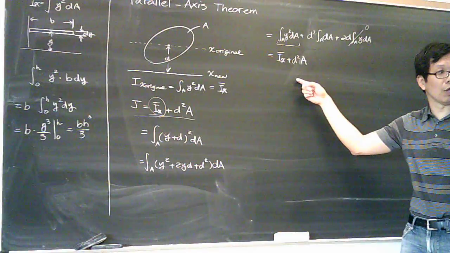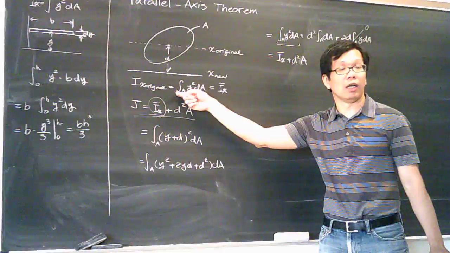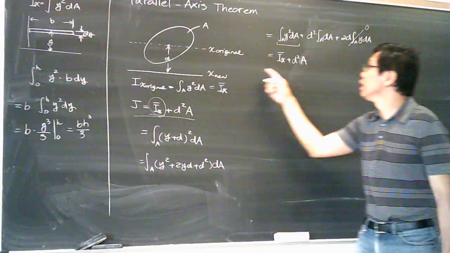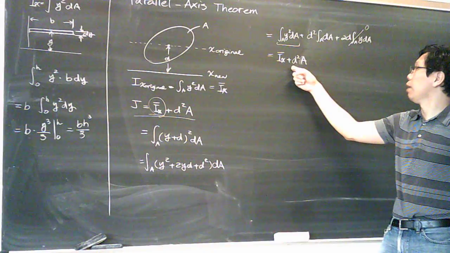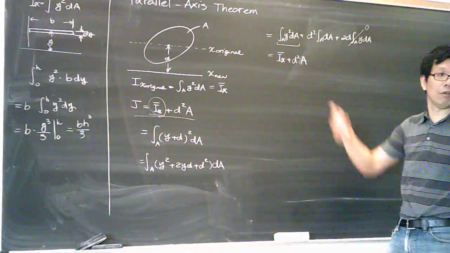So what do I get? I get Ix plus d squared A, which is the original moment of inertia about its centroid, combined with the distance squared multiplied by its area.